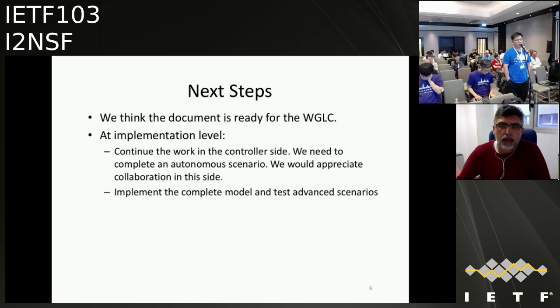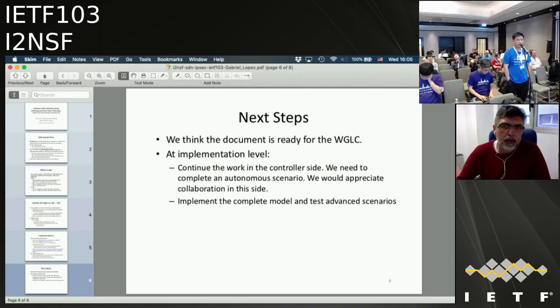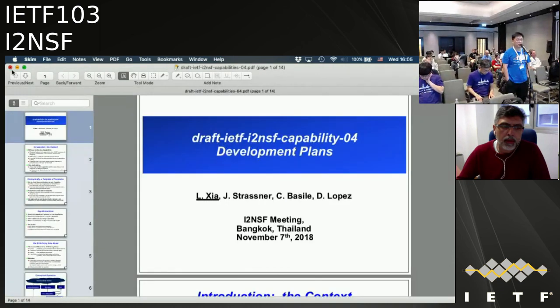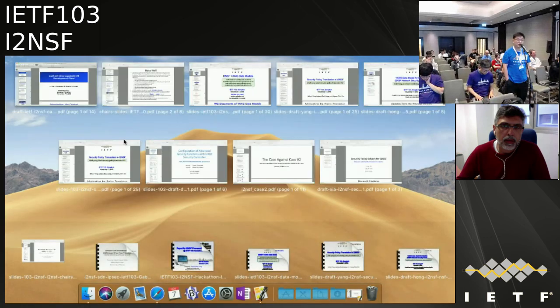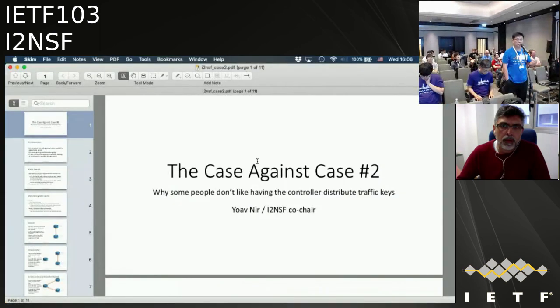I'm wondering, actually, it's possible that there is a third way. For example, currently some draft is talking about doing the Diffie-Hellman exchange among the peers through the controller. So would you consider describing this possibility in your draft, or is it already there? Sorry, I haven't read the latest draft.